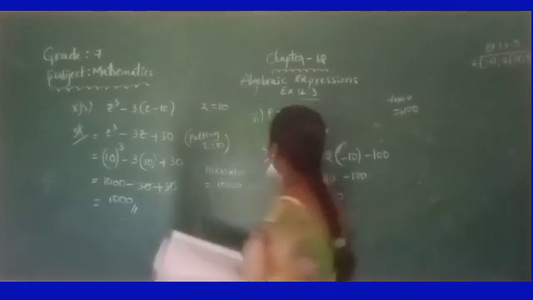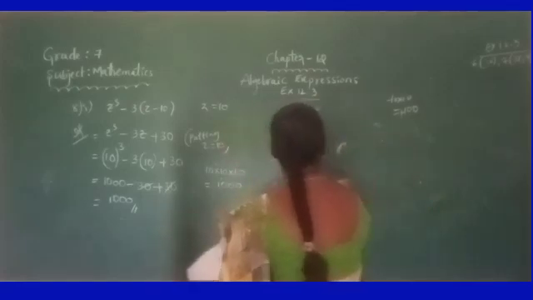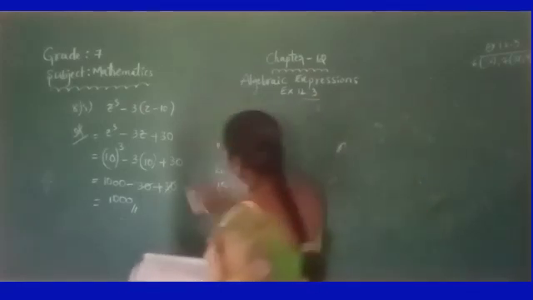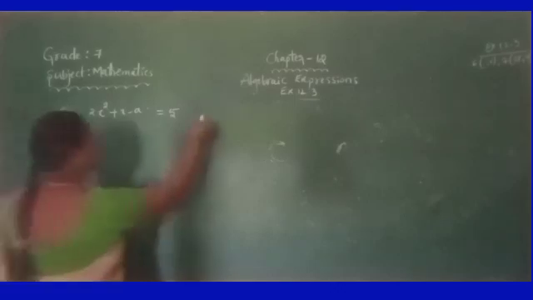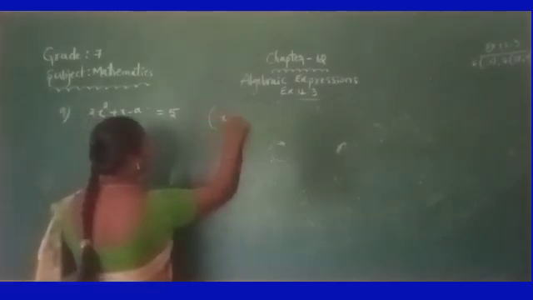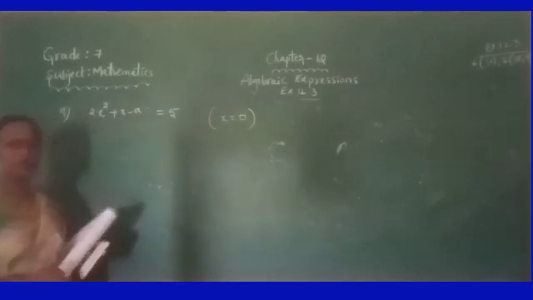First, the given expression. So what is the given expression? That is equal to 5. So the expression is 2x square plus x minus a is equal to 5, when x is equal to 0.